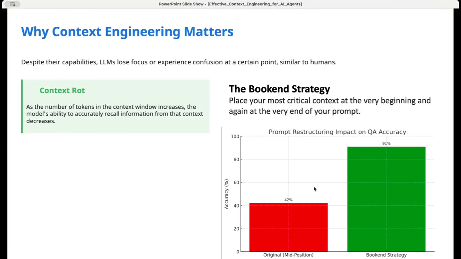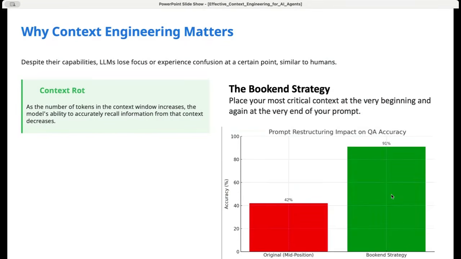People have done these studies, comparing putting the critical instruction in the middle position versus both at the beginning and the end. And the performance does improve by a lot. Even with the same tokens in the context, the position of the tokens matters a lot to the LLM performance, which is very interesting and surprising to see.